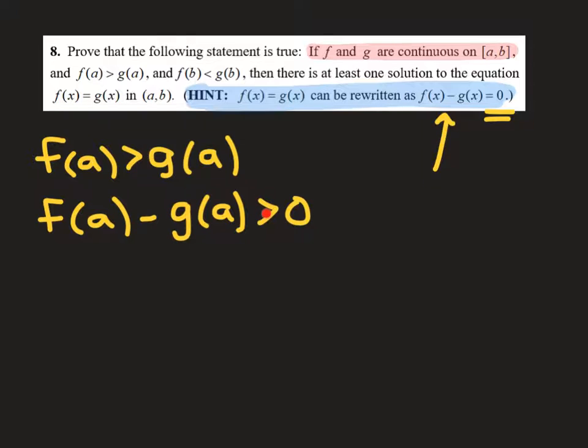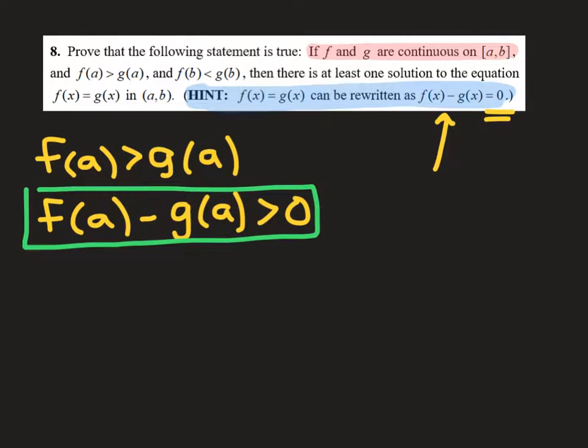Subtraction does not change the symbol. So I think I have successfully found one of my relationships, that this creates a value that will always be greater than 0.